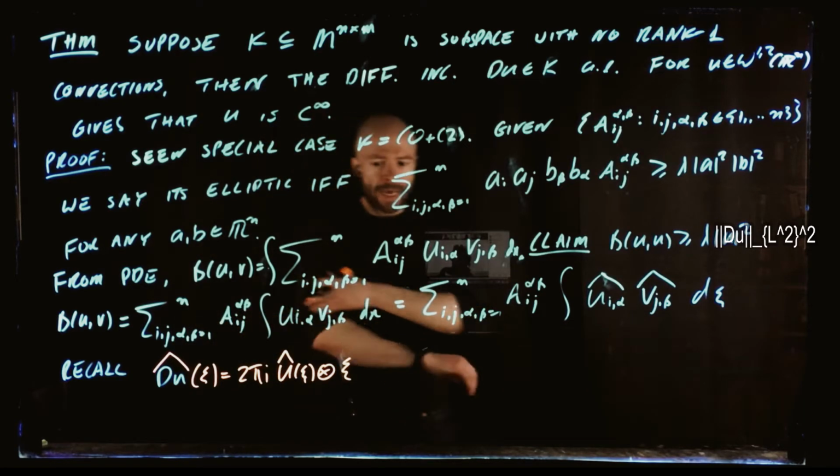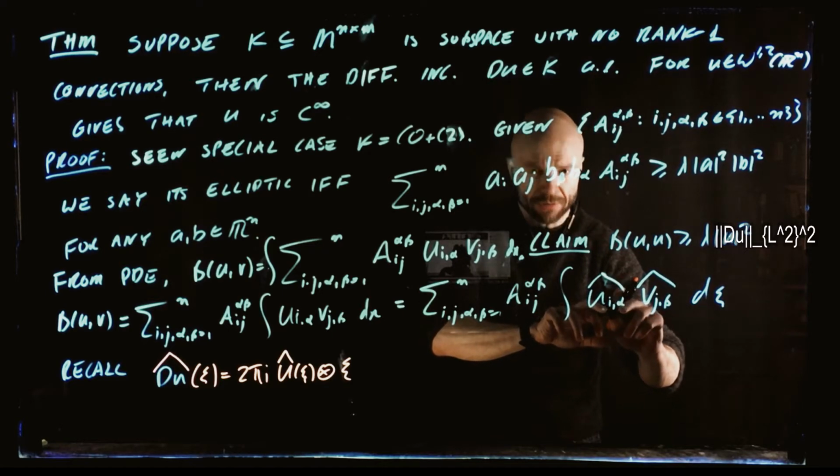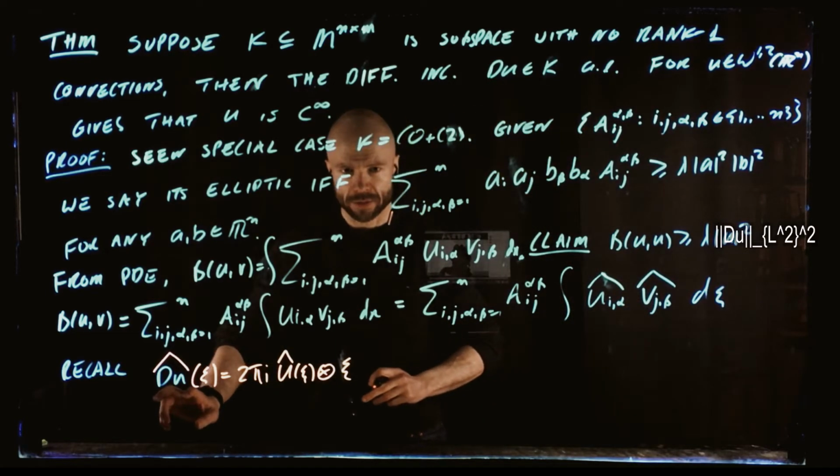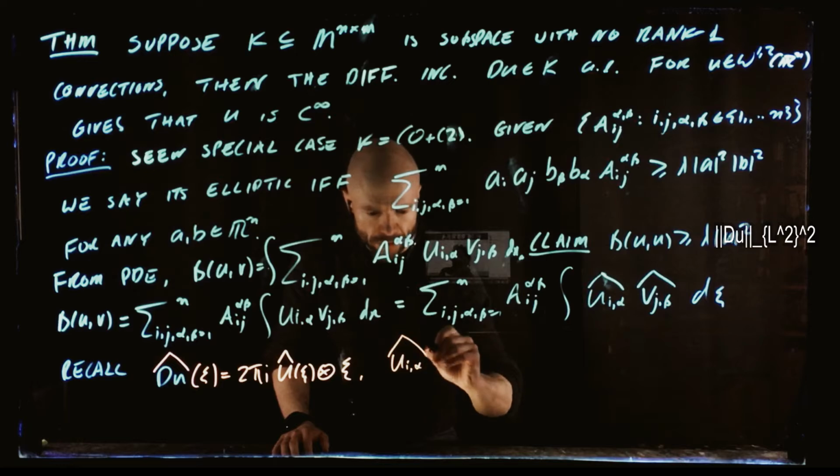And so what does that mean? So this thing is the Fourier transform of the iα coordinate of this thing, right? The iα coordinate. So let's write it like this: the Fourier transform of ∂_α u_i.